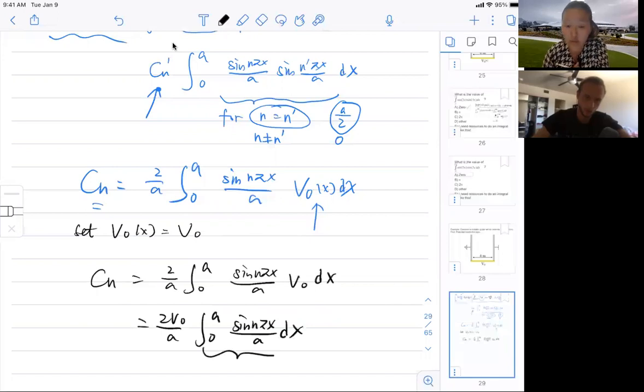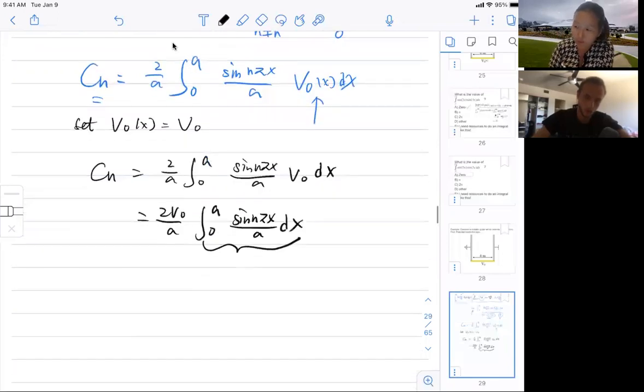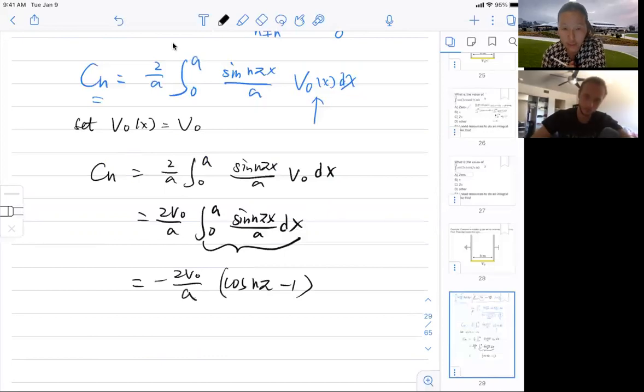Really just doing this integral, and I know how to do this. I know that for this last bit, it's going to give me cosine of n pi minus 1. And there is a negative sign that comes from the integration. So I get this.